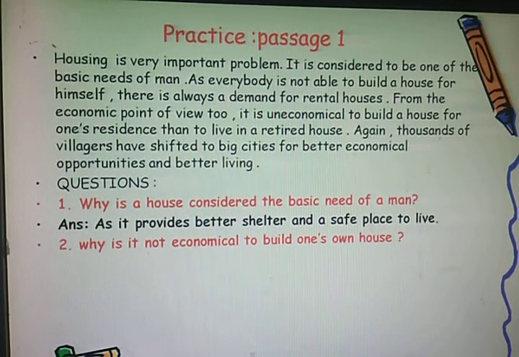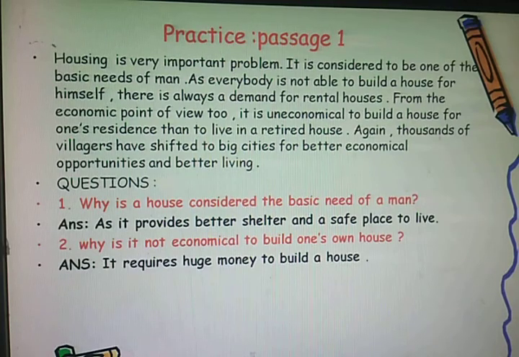Time is going to be over. This is the answer: it requires huge money to build a house.